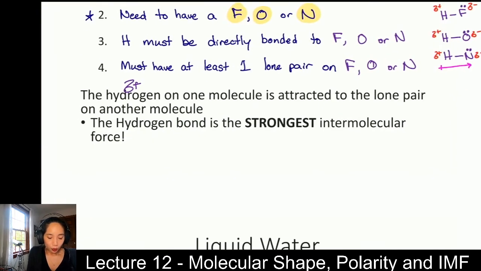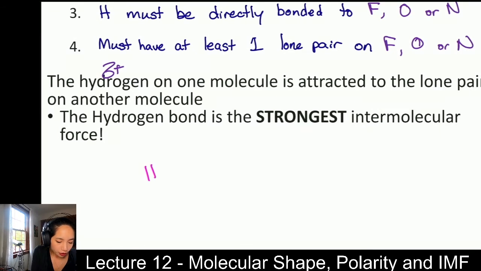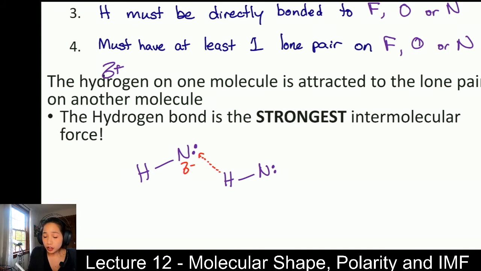And so what you'll see in a dipole-dipole interaction, if we think about hydrogen and nitrogen, right? There's a lone pair on nitrogen. So this is one part of a molecule. What's going to happen is that the hydrogen and nitrogen part of another molecule, that hydrogen is going to be attracted towards the negative part, the nitrogen part of this particular molecule, while hydrogen is slightly positive.